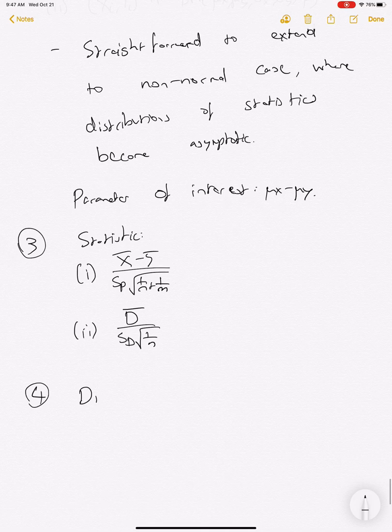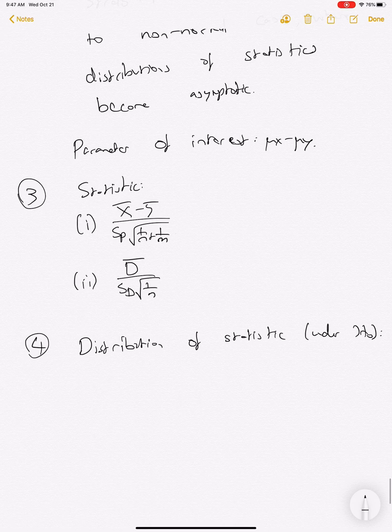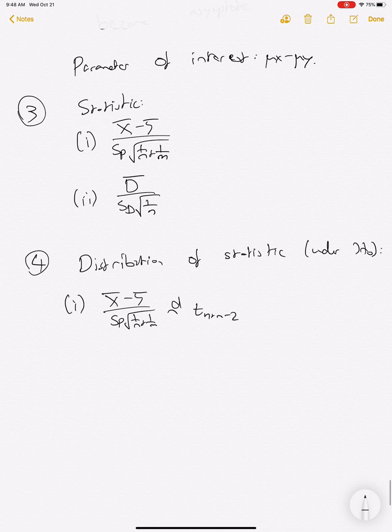And then the distribution of the statistic, and this is all under H naught, has this t distribution, and then we also have a t distribution in the second case. If the variance is known, these just become normal distributions.